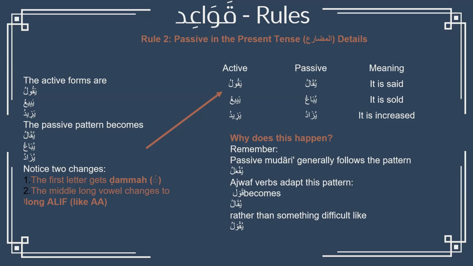So yuqalu, yuba'u, yuzadu. So this is the very first rule, which is for your non-Sahih letters, or you can say the Ghair Salim verbs. So wherever you have the Ya, Waw, or Alif, these are the two rules that will apply to Madi and to Mudari.